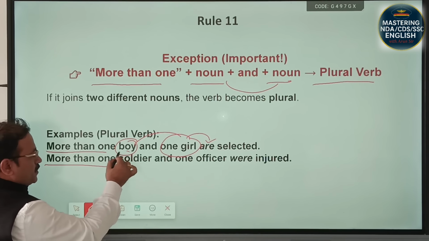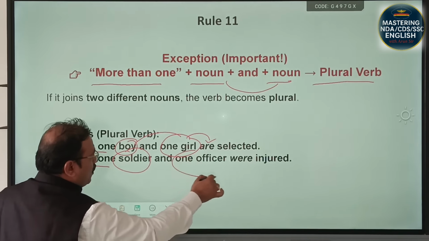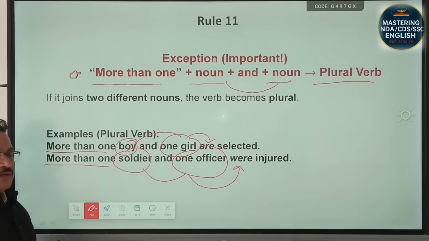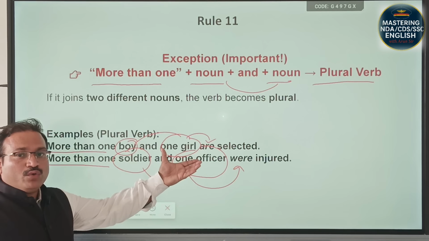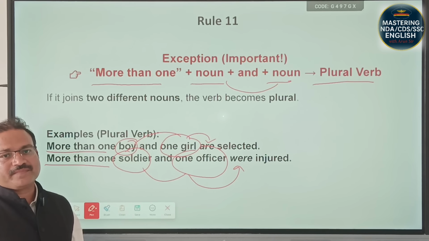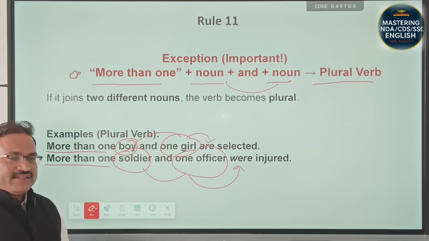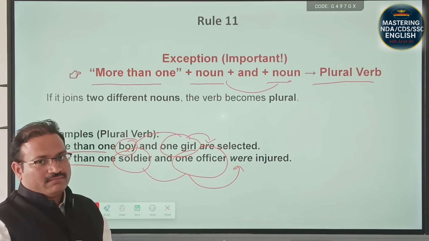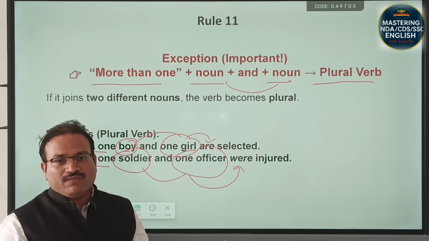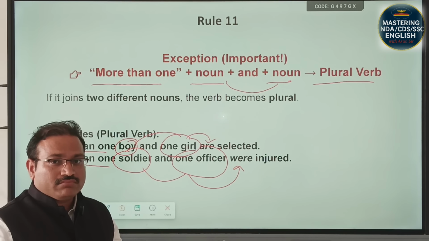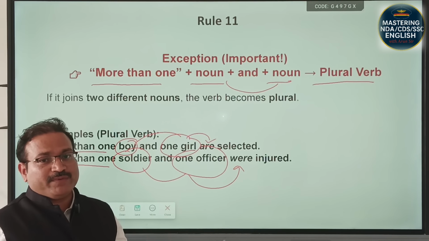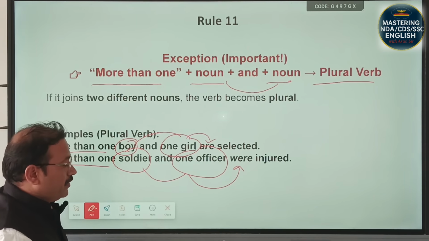More than one soldier and one officer, two, then plural, were. So the subjects become plural when two nouns are there after more than one expression. So you have to just keep in mind, more than one, if single noun, then it is singular. After more than one, if there are two nouns joined with and, then they become plural. Subjects become plural and they take plural verb.